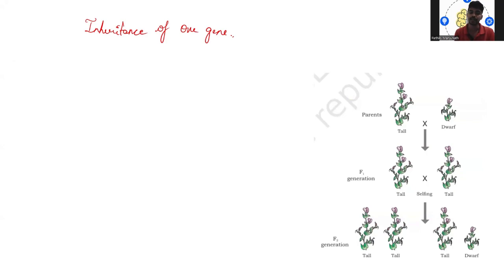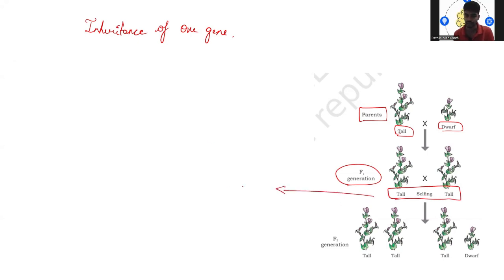So what actually happened in inheritance of one gene is he chose a parental pea plant generation, wherein he crossed one plant which was tall and another which was dwarf. As a result, in the F1 generation, all the plants were tall in their character.